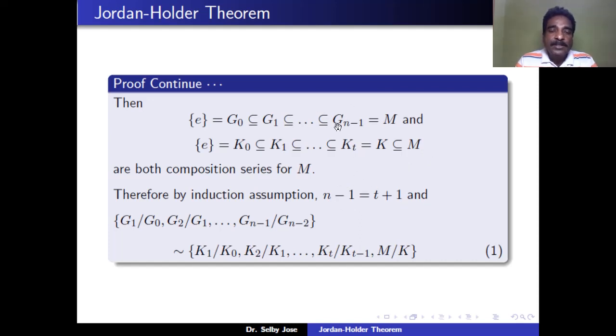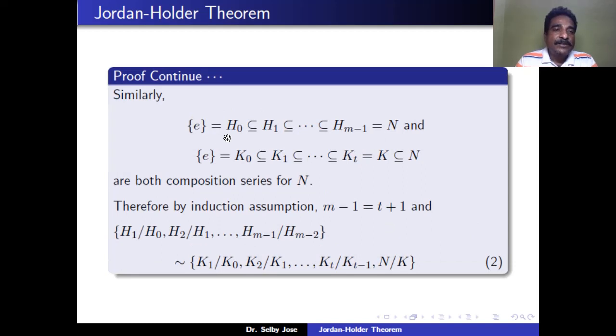The set of factor groups of the first composition series, that is G_1 mod G_0, G_2 mod G_1, etc., G_{n-1} mod G_{n-2}, and the set of factor groups of the second composition series of M, namely K_1 mod K_0, K_2 mod K_1, etc., K_t mod K_{t-1}, and last is M mod K_t, that means M mod K. There is a one-to-one correspondence between these two sets, and the corresponding factors are isomorphic. This equivalence we call equation 1.